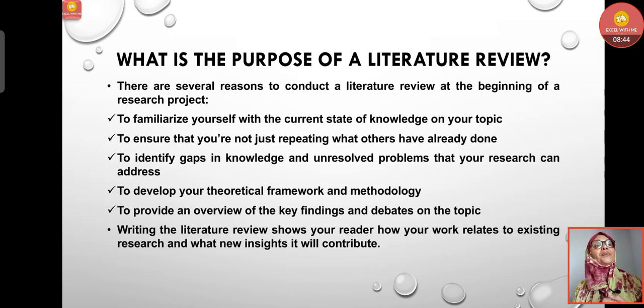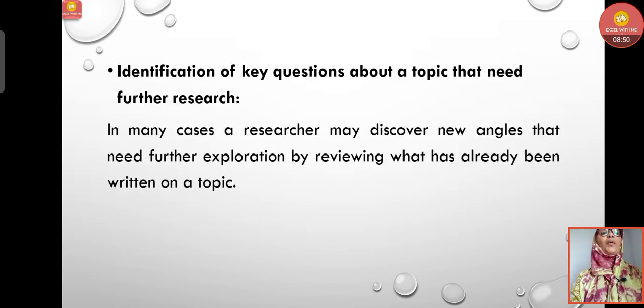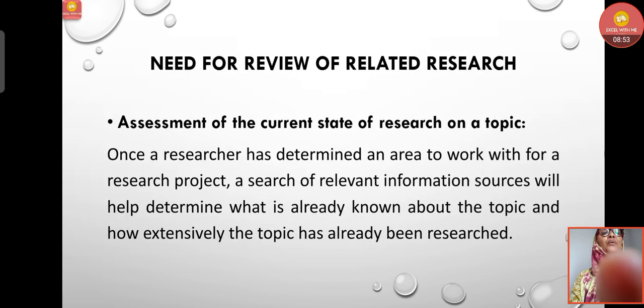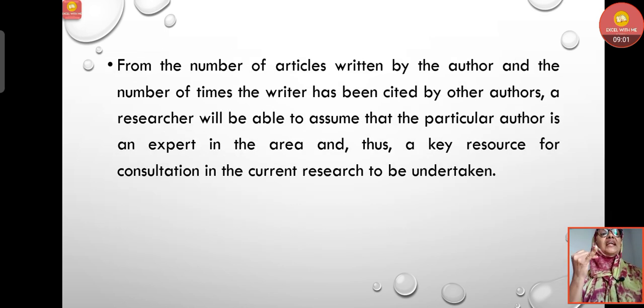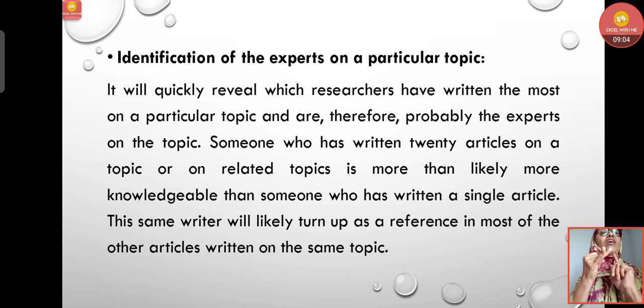Now, what is the purpose of a literature review here? Before understanding the purpose, let's revise these points in keywords so that you can remember easily. First one, why it is required? Assessment of the current state of the research topic. Secondly, identification of experts on a particular topic.